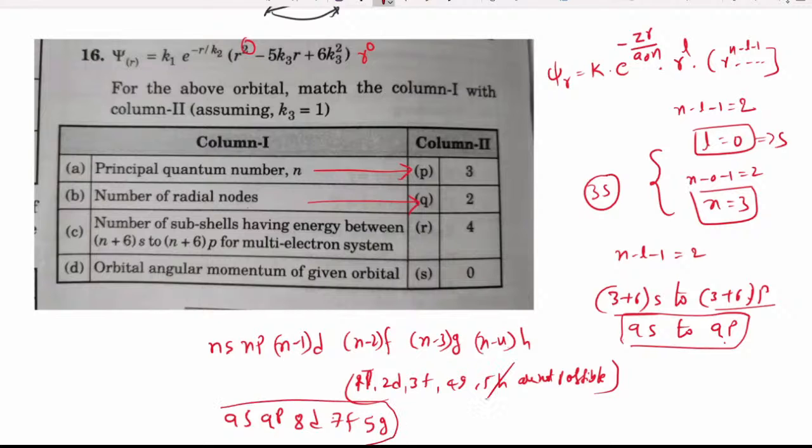Therefore, the subshells between 9s and 9p are 8d, 7f, 6g. Again the answer is 3. And orbital angular momentum is given by L; L value is 0. Therefore, the answer is PQPS.